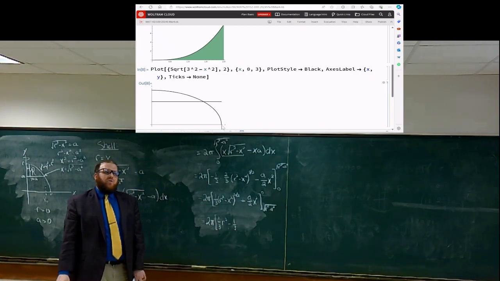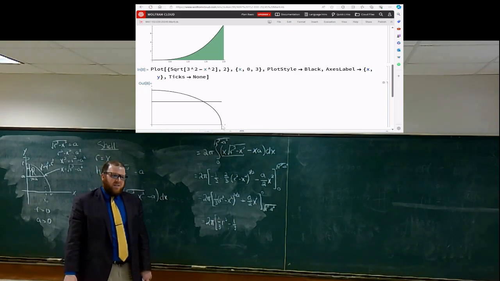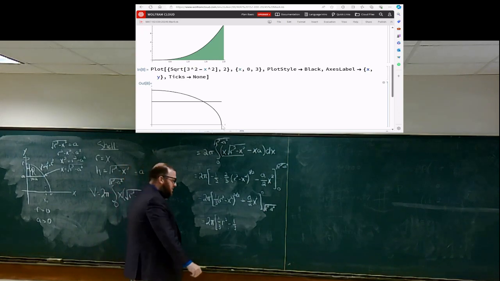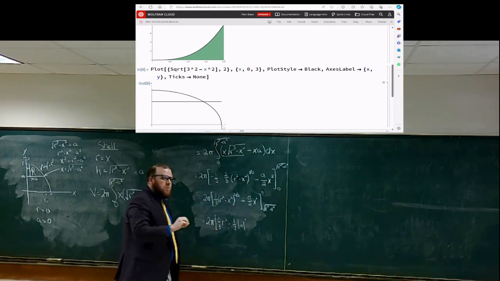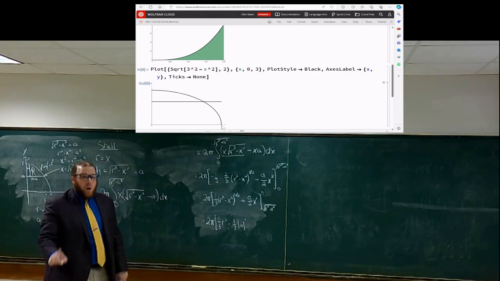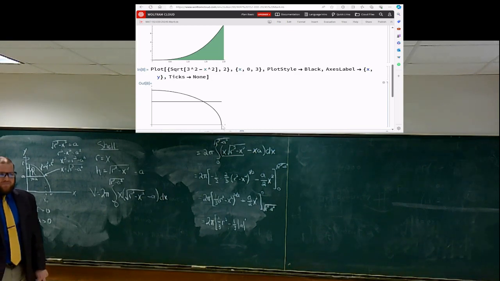So a squared to the 3/2. Square root of a, or square root of a squared? No, it's not. It's the absolute value of a. But a is positive. Yeah.